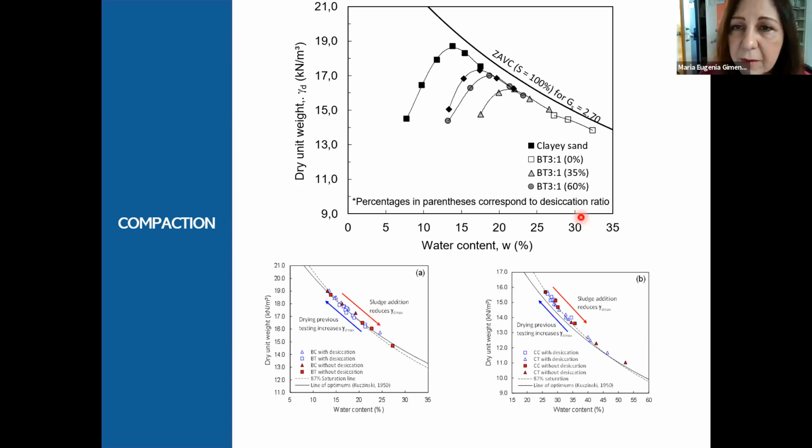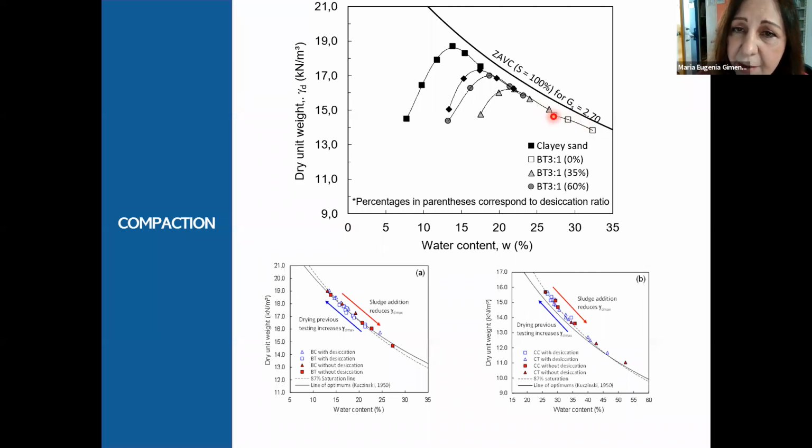But when you dry, for instance, in this case, we had here the compaction curve of the clay sand, and here the compaction curve of clay sand mixed with Itaiaçupeba sludge in the proportion 3:1. And this was the point to start the compaction curve.